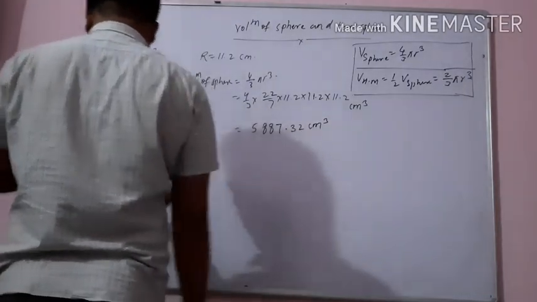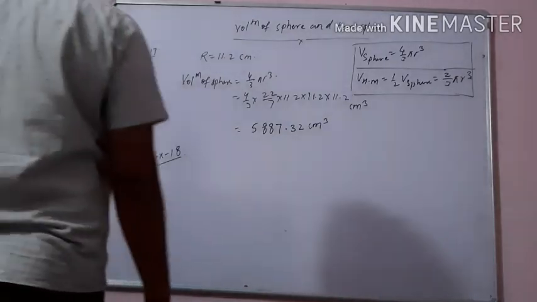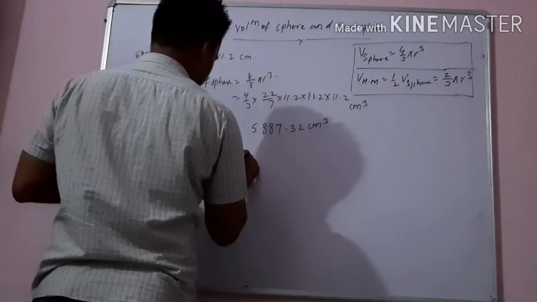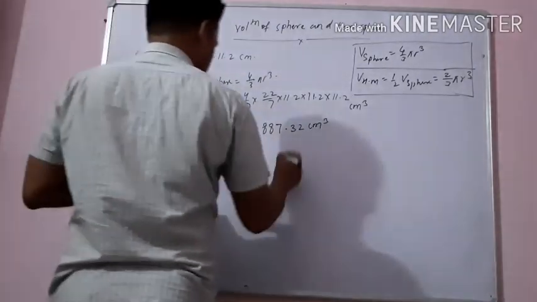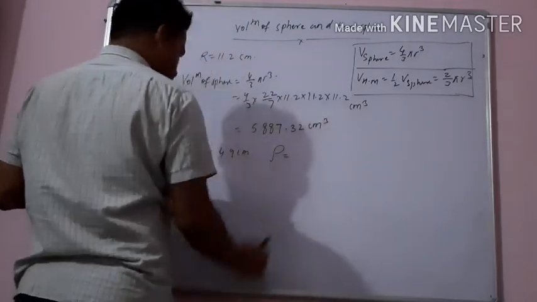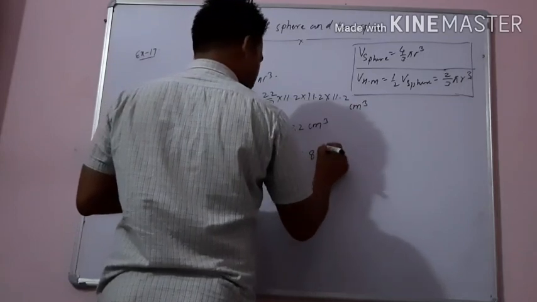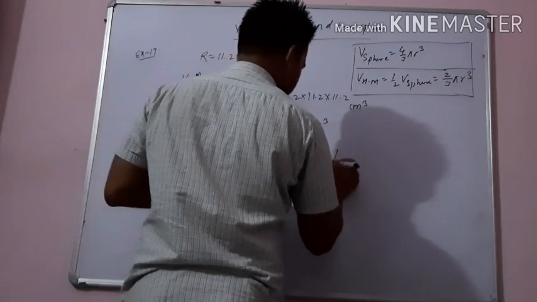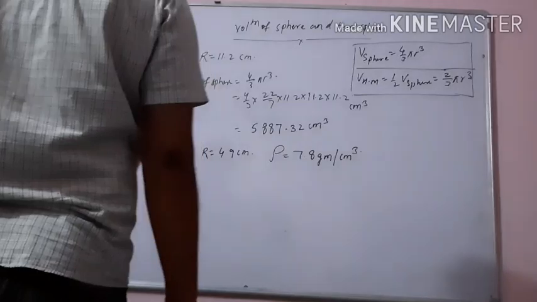Now moving to the next example, example number 18. A shot put is a metallic sphere of radius 4.9 centimeter. If the density of the metal is given as 7.8 gram per centimeter cube, find the mass of the shot put.